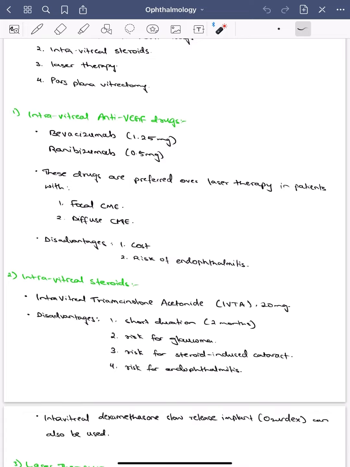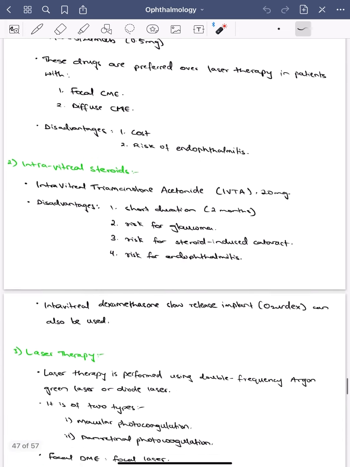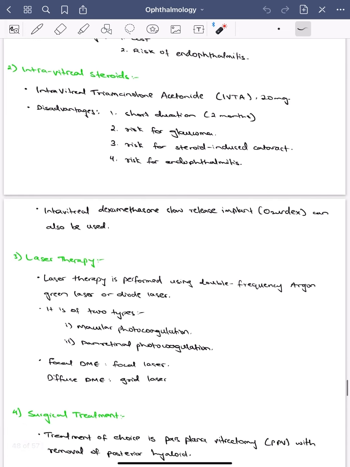Now these drugs are preferred over laser therapy in patients with focal exudative macular edema and diffuse macular edema. The disadvantages of these drugs are that they are very expensive and there is a risk for endophthalmitis. So this is the first, intravitreal anti-VEGF drugs. Remember, bevacizumab and ranibizumab.